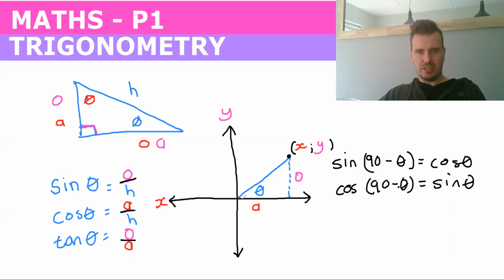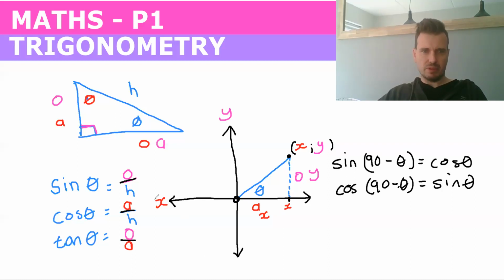Well, what we see is that from the origin to here is x, because if we drop the x down to here, we hit x. It's just the value of x. And the opposite, in the same way, is just the value of y.